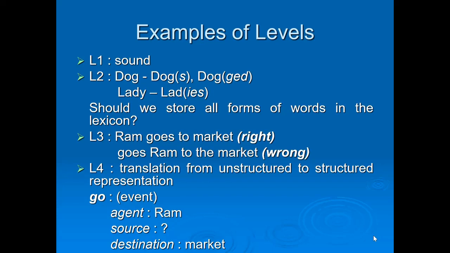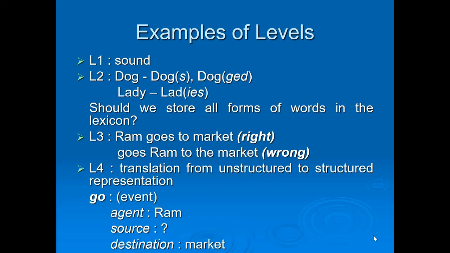Then the third level, I told you, was structure of sentence, or we can say syntax or parsing. Here there are two sentences. One is Ram goes to market and second is goes Ram to market. Because I am a human, I can tell that the second one is wrong. But how will the machine predict that Ram goes to market is a correct sentence while goes Ram to market is incorrect?